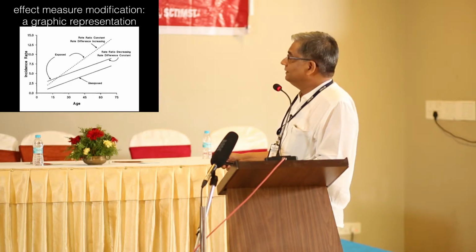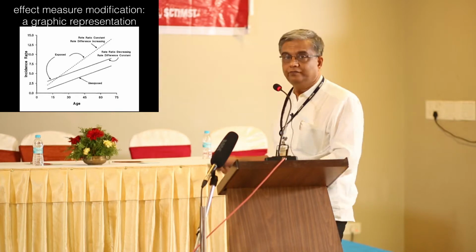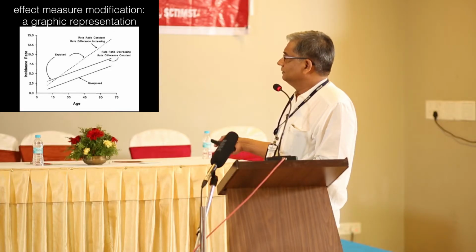But if you take the ratio of male by female or female by male, then obviously at the age of 15 it is almost equal, but here it is very unequal. So, the ratio is bound to be different. You will say that there is effect modification if you take a ratio measure, but there is no effect modification if you take a difference measure. And this dotted line shows the other situation.